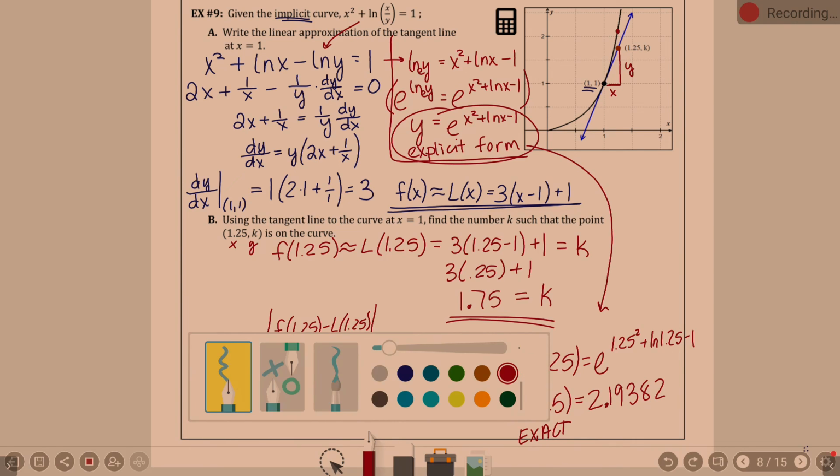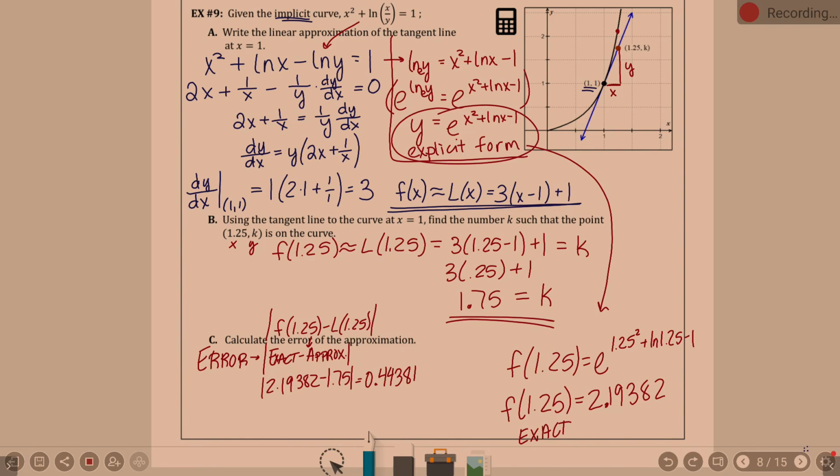Okay, so in order to do your percent error, you're going to be doing the exact minus approximate divided by exact, and that'll give you a decimal, and then you would multiply by 100 if you need the percent, right?